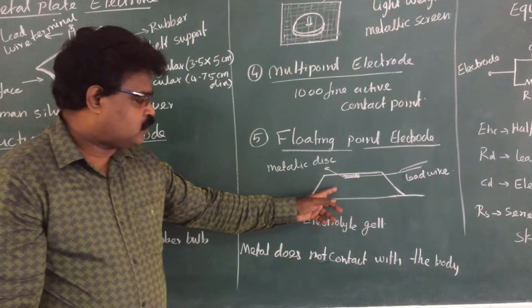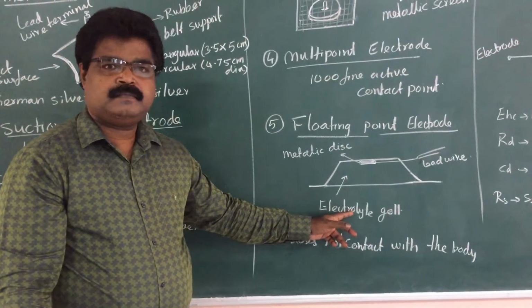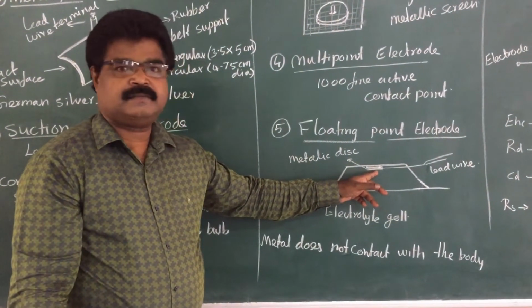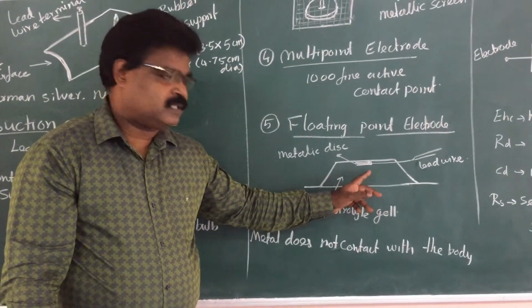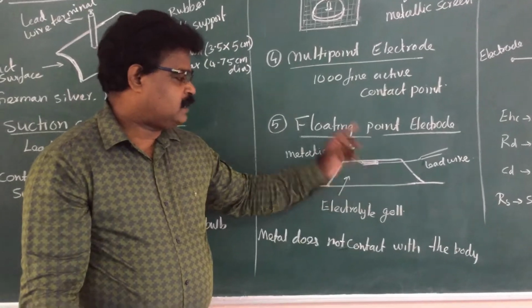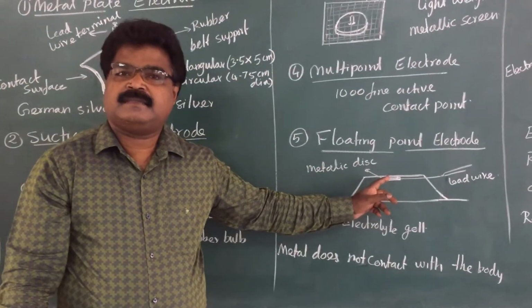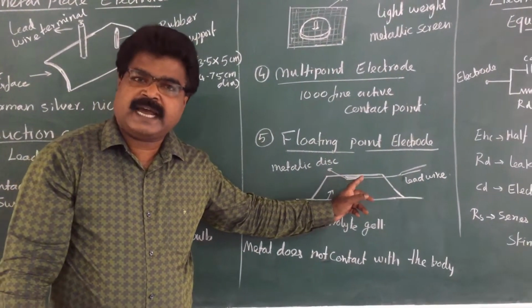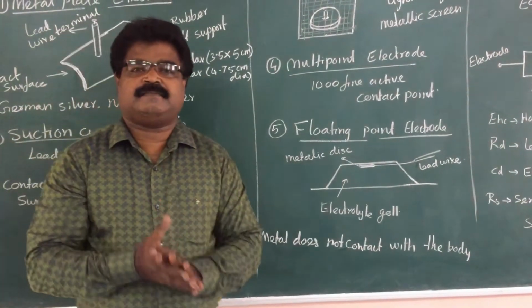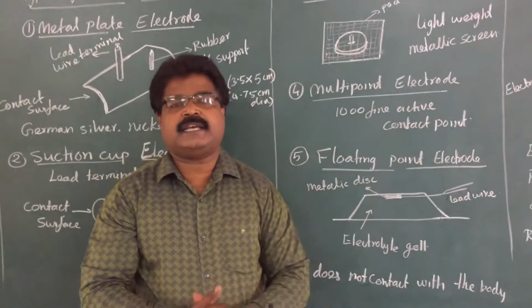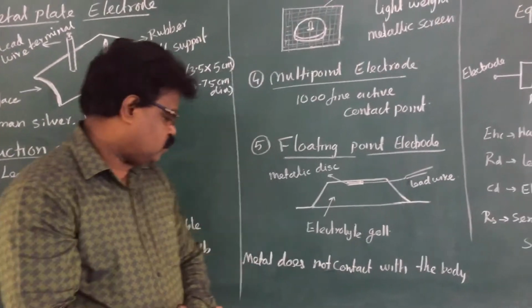Here there is electrolyte gel, and only the metal disc. This is only skin, there is no contact. So skin, electrolyte, next metal rod or metal disc. The metal will not directly contact with the skin, so the artifact can be eliminated in the case of the floating point electrode.